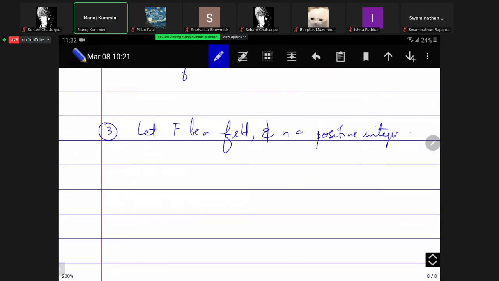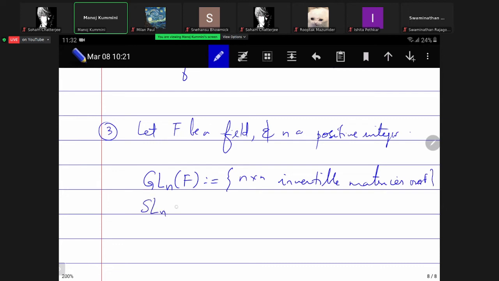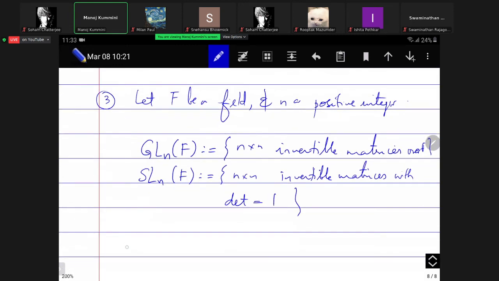I listed a few important groups here. GL_n(F), the set of n by n invertible matrices over F. Then SL_n(F), again n by n invertible matrices with determinant 1, again over F. These are groups under matrix multiplication.